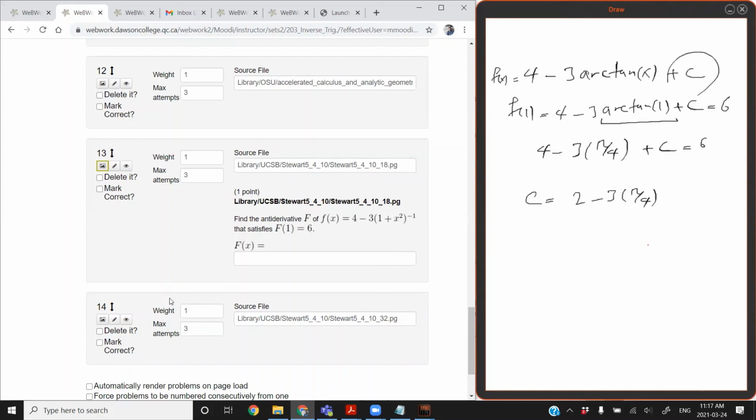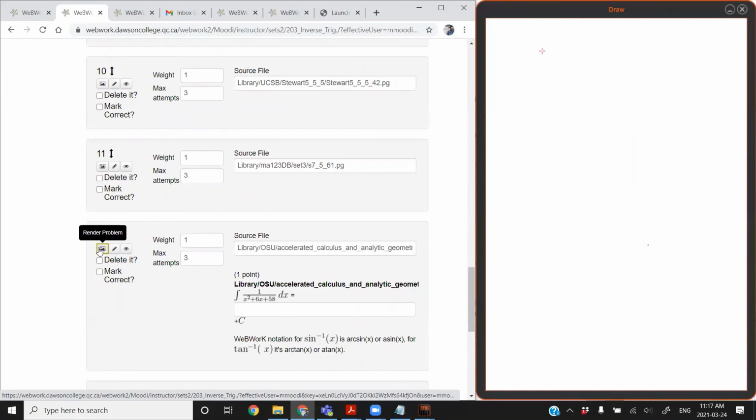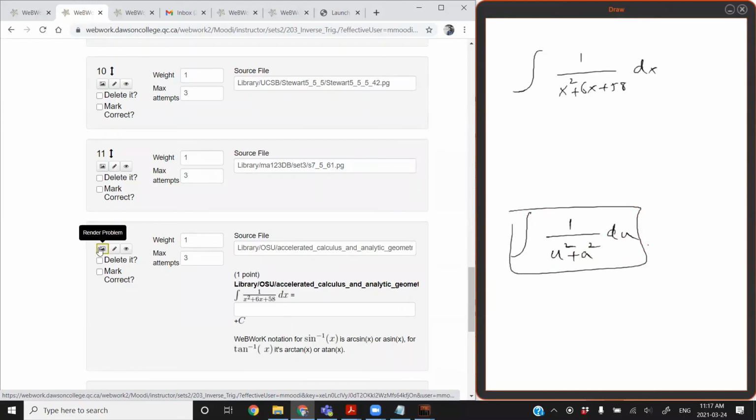I have a question. Number 12 of inverse trig. So for this one, you have 1 over x squared plus 6x plus 58 dx. There is a formula for that. I just tell you the first step, and I let you do the rest, okay? If you have 1 over u squared plus a squared du, there is a formula for this that you can find in the notes.